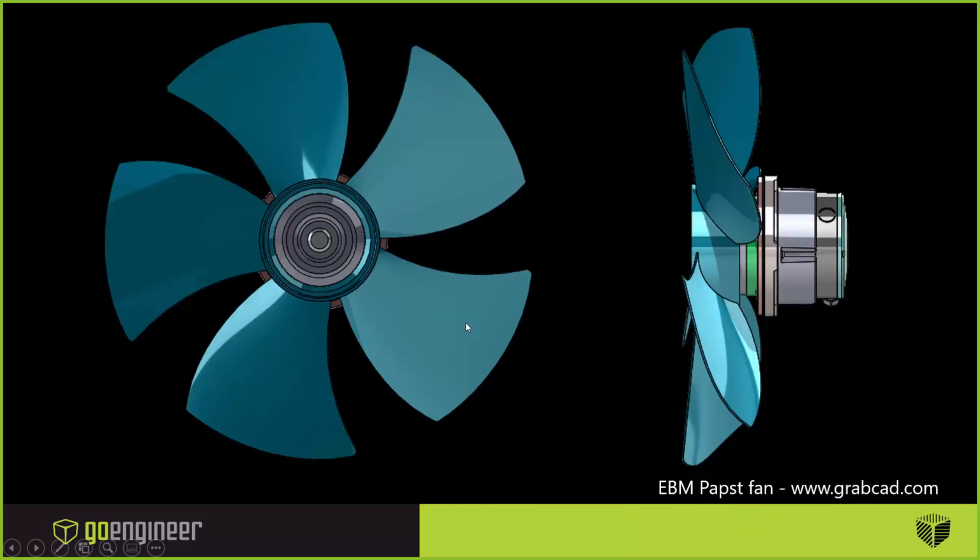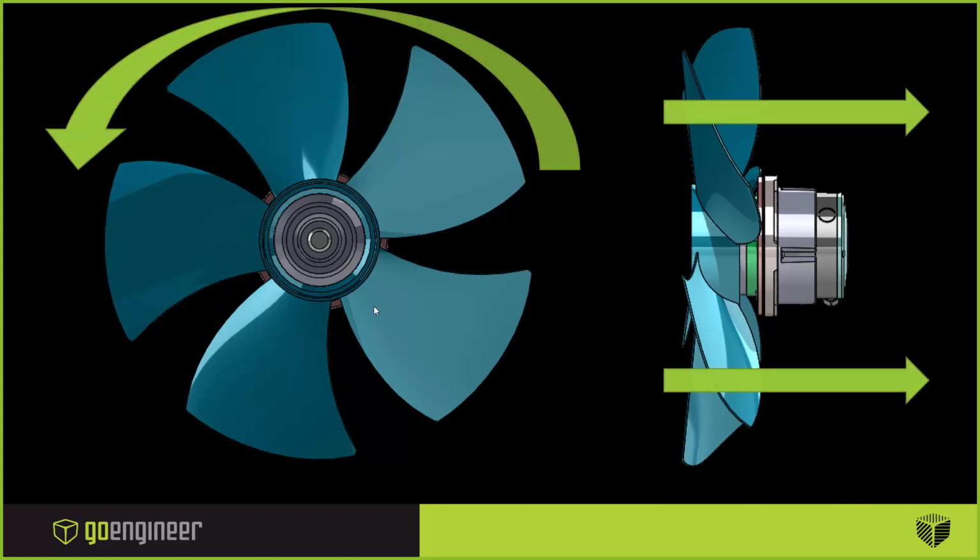We're going to move on to the example we'll be using in this webinar, which is a fan, an EBM Pabst fan, and I downloaded this from GrabCAD. Now, there are 2 ways that this fan can be analyzed. First, we are either driving the RPM and producing a flow rate, or we are blowing air across the fan, and by the shape of the blades, we're producing RPM.